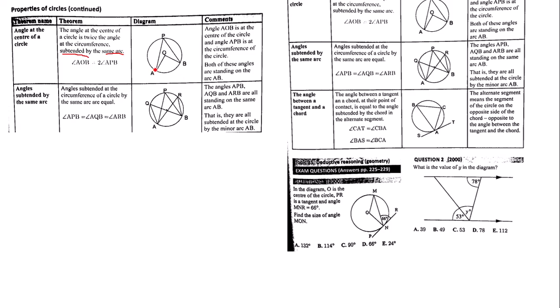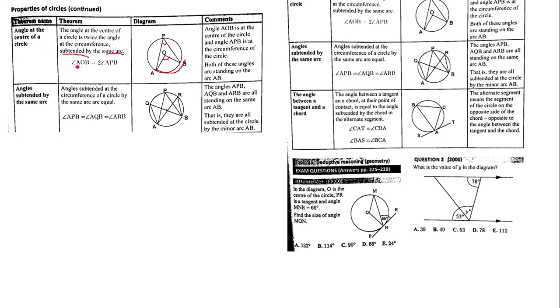The arc is AB, and it's subtending, meaning it holds up, it lies below this angle AOB and angle APB. So what's the relation between those two since they are held up by the same arc?